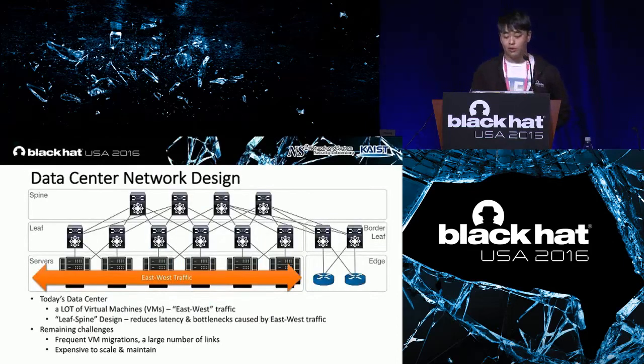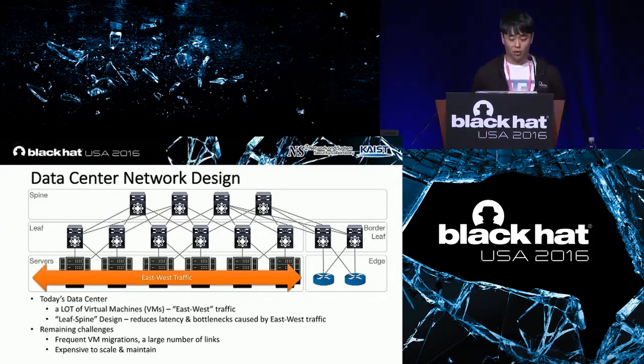And today we'll be introducing some attack vectors that could affect SDN infrastructure, and particularly we would like to focus on data centers today. So the modern data centers deal with a lot of virtual machines, and accordingly the east-west traffic that travels within the data center has become dominant.